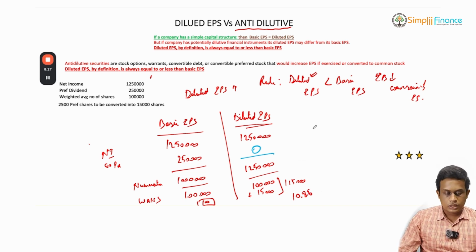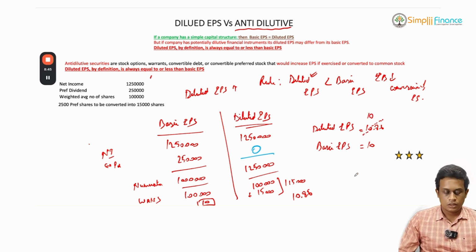Now since the diluted EPS is 10.86 and the basic EPS is 10, as a rule you simply strike out this diluted EPS and replace it with the basic EPS, and this security will be called anti-dilutive.